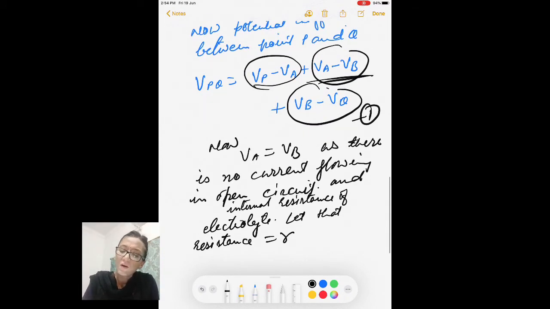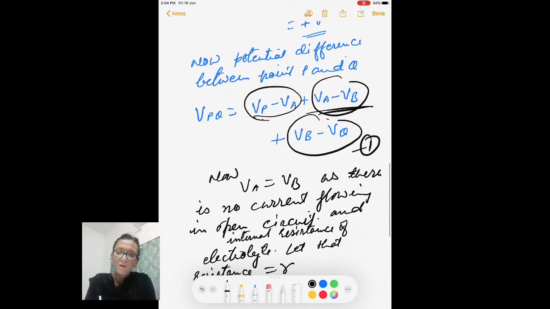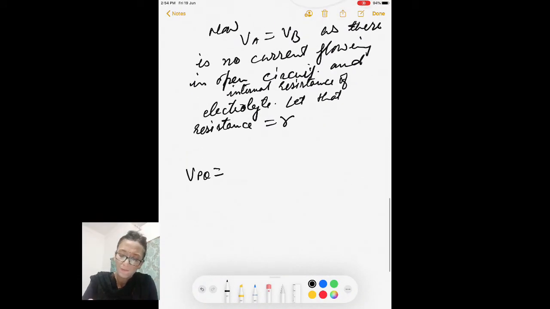Now in equation 1, VPQ is equal to V plus, as I have already taken.